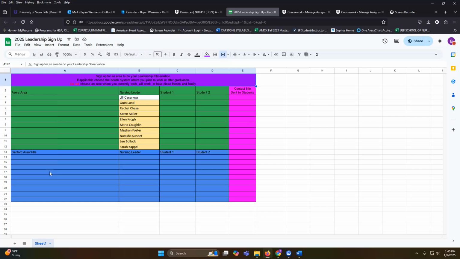So if you're going to be an Avera employee, try to get an Avera position. If you're going to be a Sanford employee, try to get a Sanford position. If you are going to be neither one of those two, then you get your choice, and that's kind of nice for you. But the hospitals have requested that you try to get your observational experience at the hospital that you'll be working in, just not on the floors that you currently work or that you're going to work at, because that can get kind of weird.